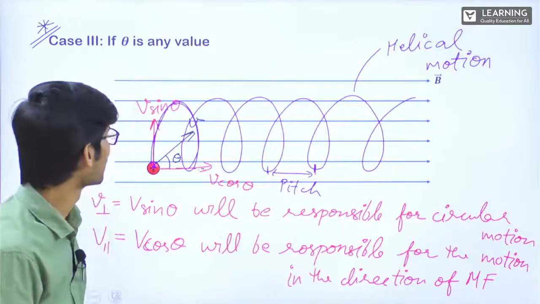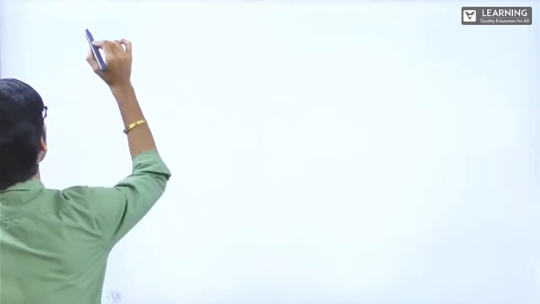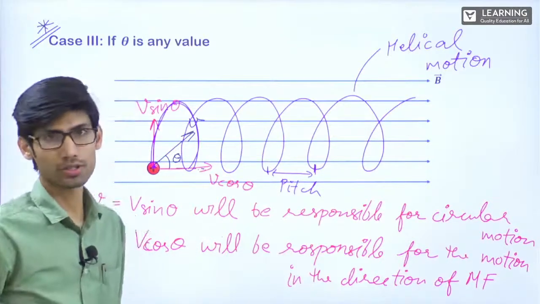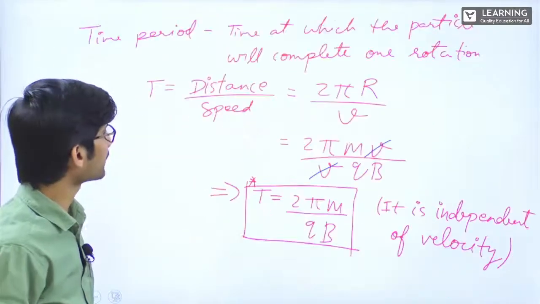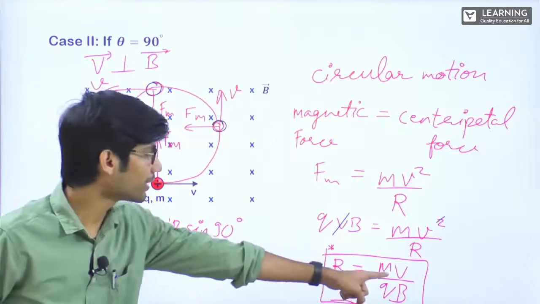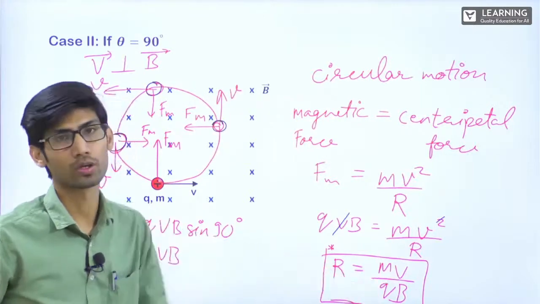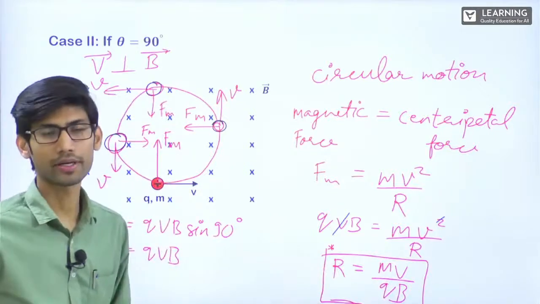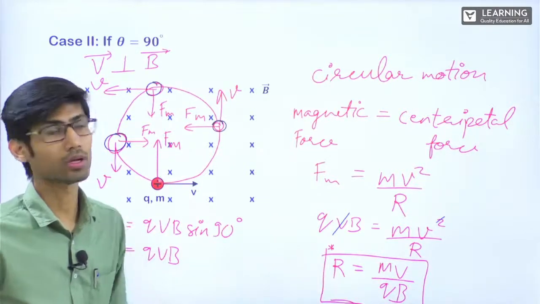Let's find the radius. This circular motion is happening due to the perpendicular velocity. Here, remember this formula, where this V is V perpendicular. Radius is equal to m v perpendicular upon qB.